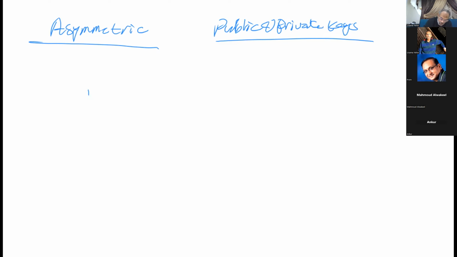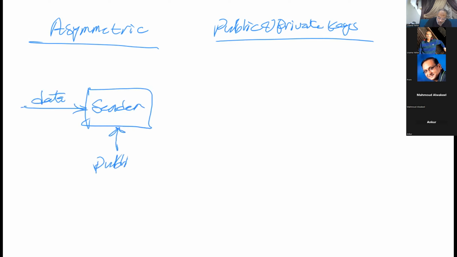Then, if you have the sender here, and he has the data, he uses the public key of the receiver, and you will know why later after I explain. Don't ask why the public key of the receiver, I will tell you later. Then he will have ciphertext.